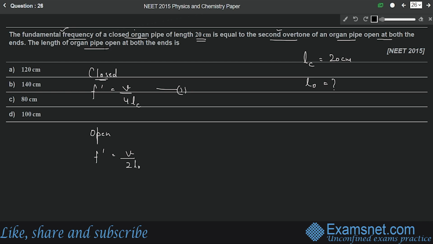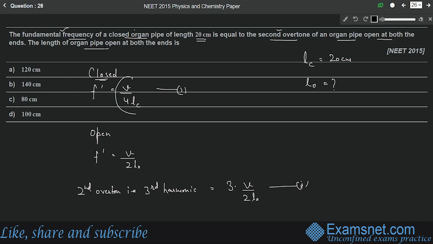But the fundamental frequency of the closed one is equal to the second overtone of the open organ pipe. So the second overtone, that means the third harmonic of the open organ pipe, is equal to 3 times V by 2L open.